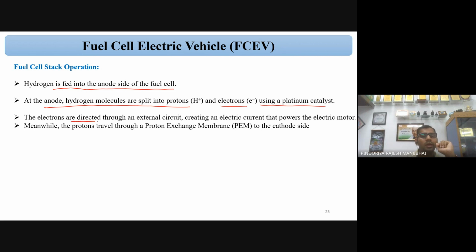The electrons are directed through the external circuit, creating an electrical current that powers the electric motor. Meanwhile, the protons travel through the proton exchange membrane, that is the PEM, so normally we use the PEM fuel cell, to the cathode side. Okay.